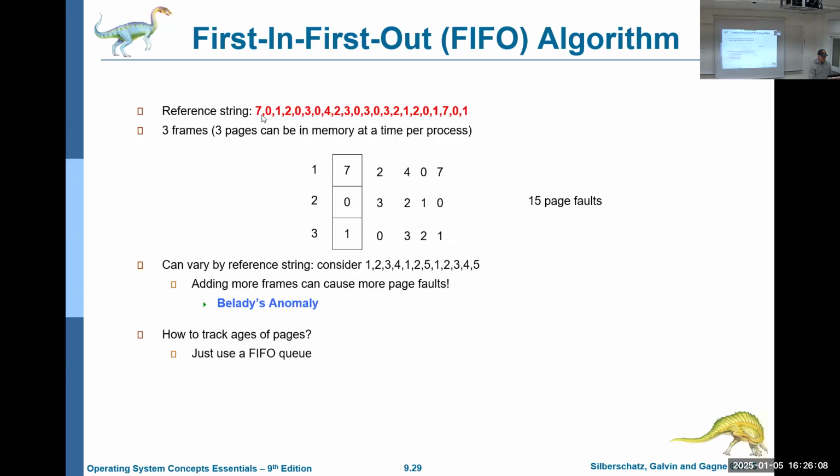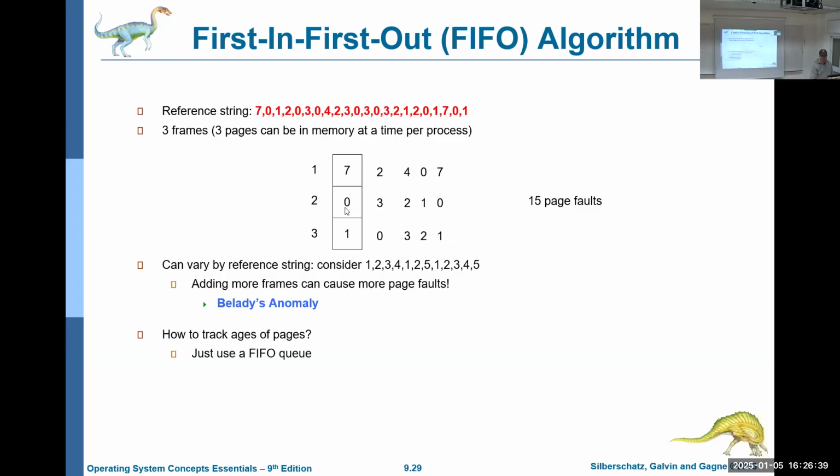So as our 7 comes in, it goes into page frame 1. 0 goes into frame 2, and 1 goes into frame 3. Then for 2, we're assuming that we're just using first in, first out. That's what it says here, FIFO. So the first one in was 7, so it's the first one out, and we put 2 there. Then we'll put 3 where 0 was.